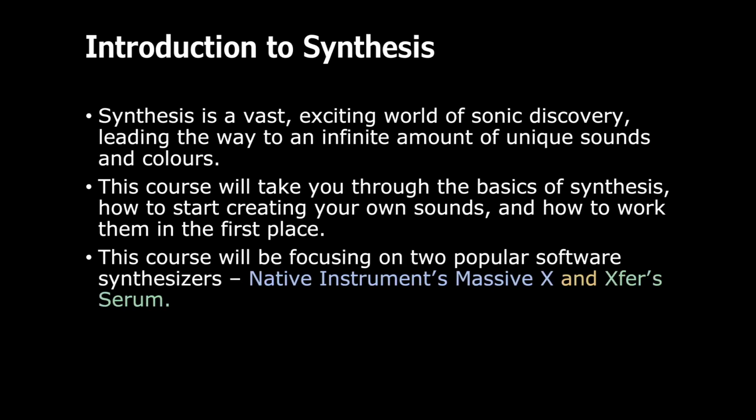This course will be focusing on two popular software synthesizers, Native Instruments Massive X and Xfer's Serum. There was debate as to whether I should be using Massive over Massive X, given the popularity of the original Massive roughly 10 years ago. But I've decided to go for Massive X, given it's a more up-to-date synthesizer, and I think there's potential for it to offer more.